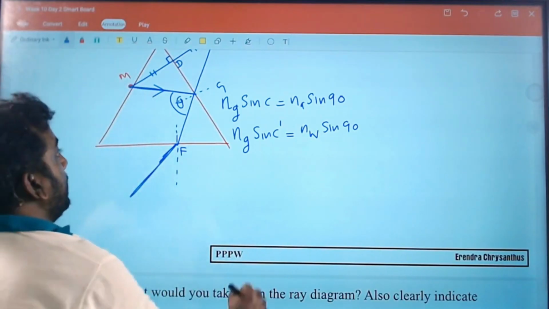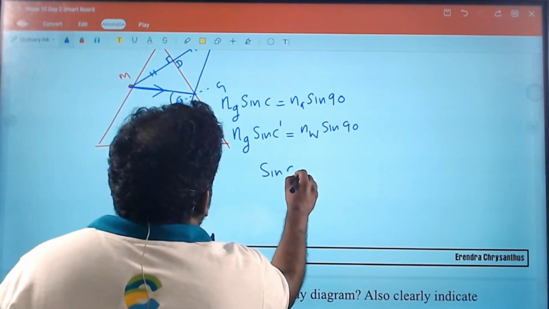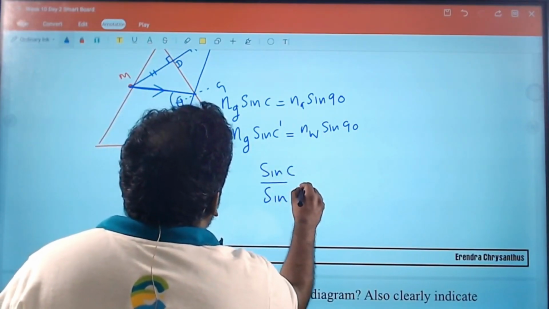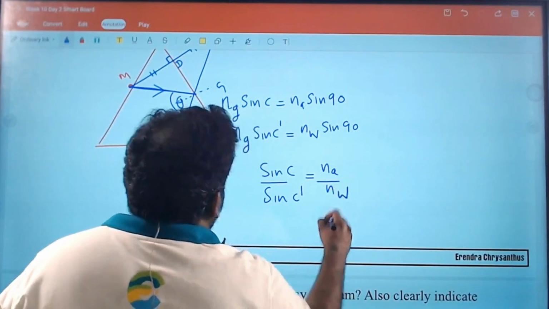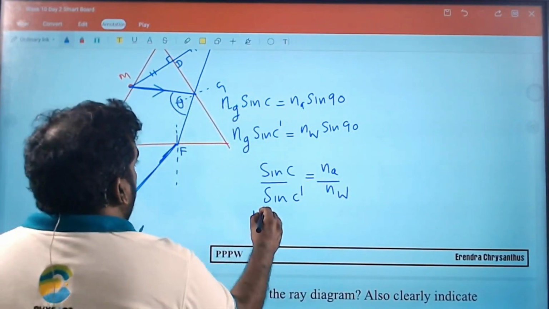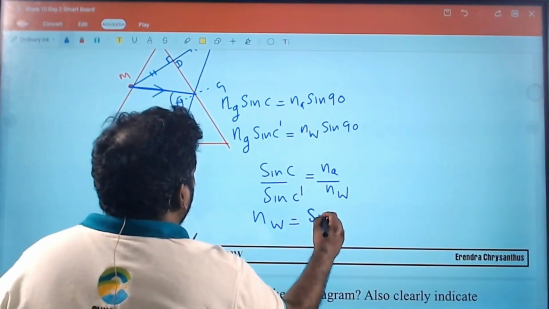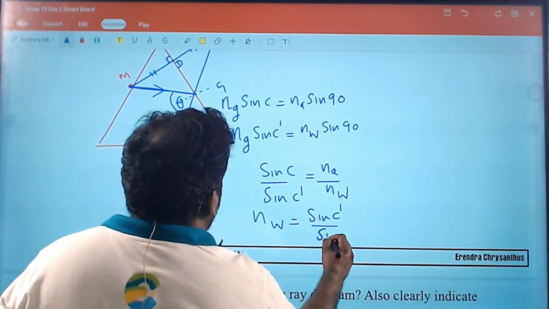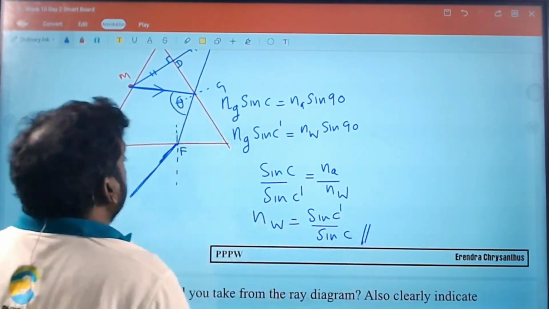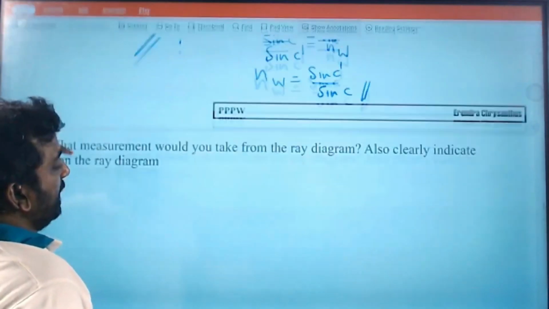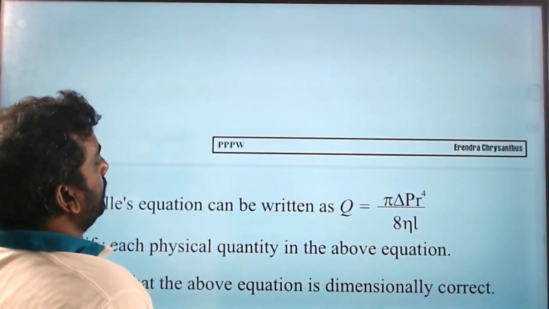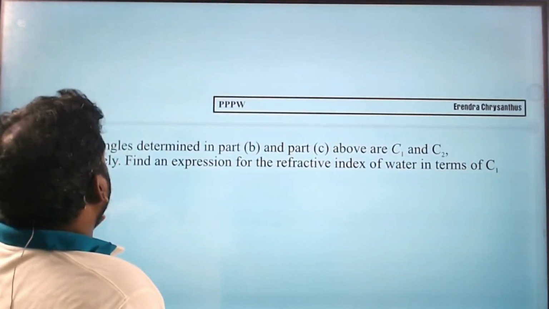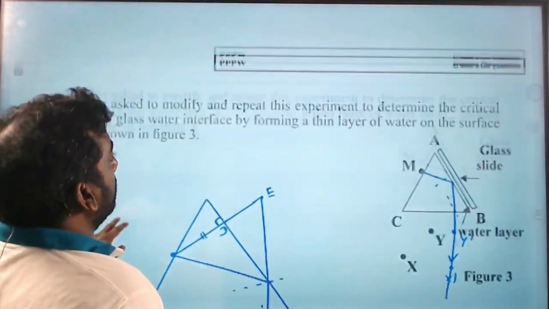If I divide it, sin C over sin C dash equals Na over NW. Refractive index of water is sin C dash over sin C. I think they are given C1 and C2.